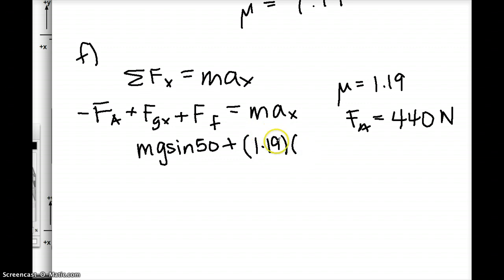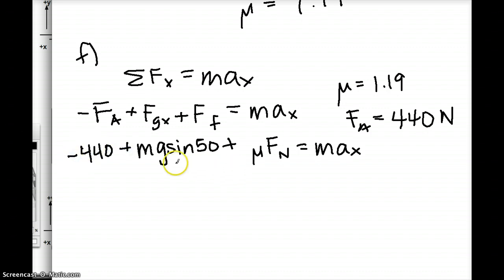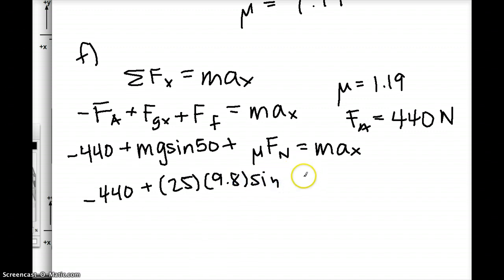And this comes from, actually I'll write out what the variables are. Mu times normal force is equal to m ax. And this is 440, negative. So continuing to plug in numbers, plus the mass, which is 25, and 9.8 sine 50, plus coefficient of friction, 1.19, times the normal force.